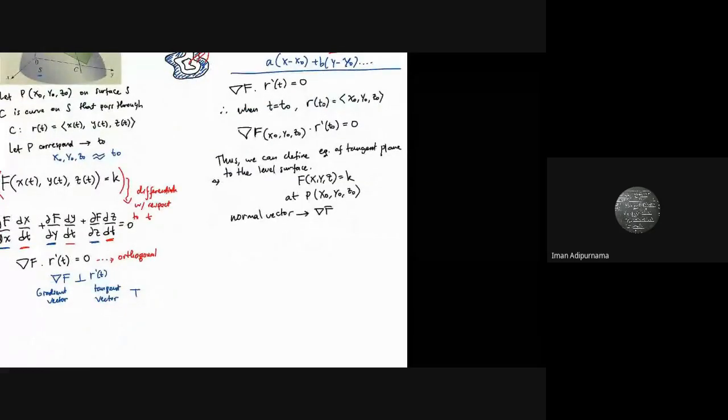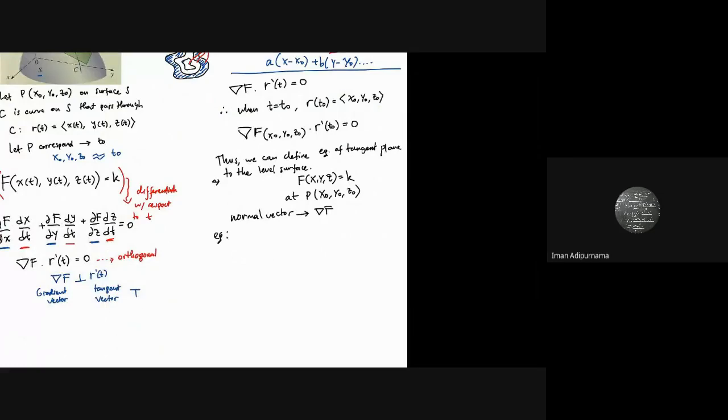So we can write the equation. The equation will be, maybe just directly the formula, partial x of the big F at, of course, this point.